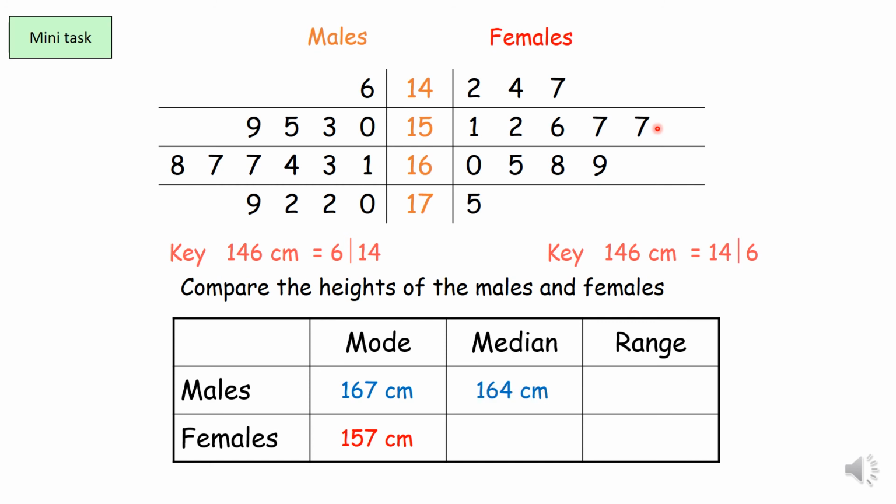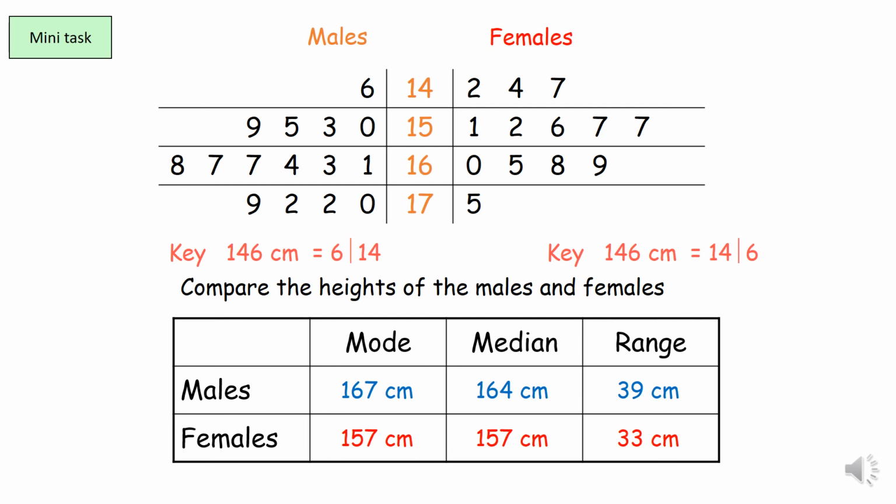So hopefully everybody ended up with 164 for male, and for female 157 again. The range for the male, the biggest number for male was 179, then take away 146, 39, and for female 175, take away 142, which is 33.